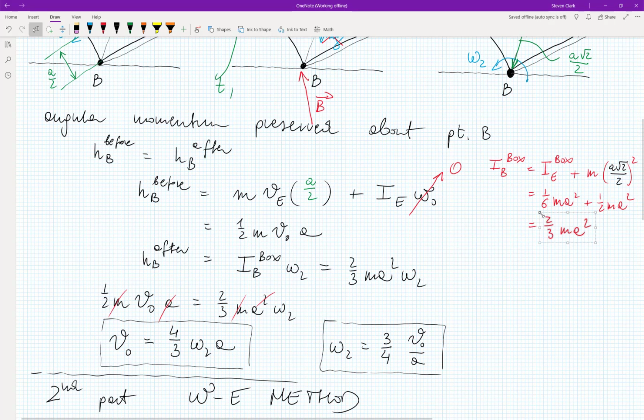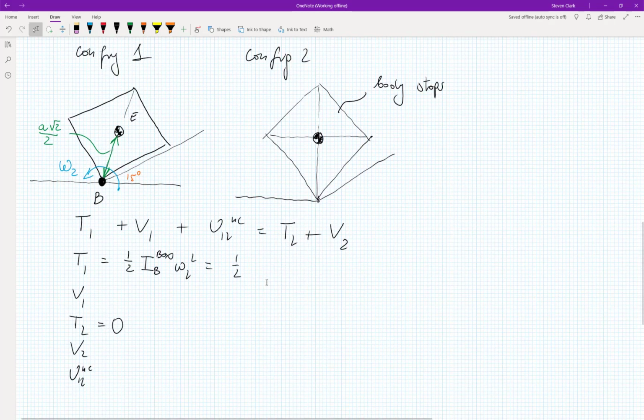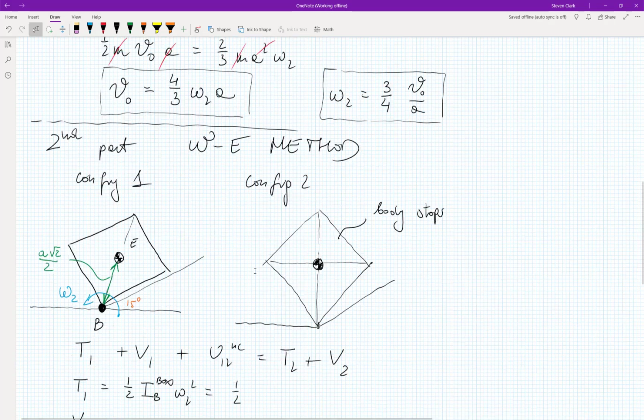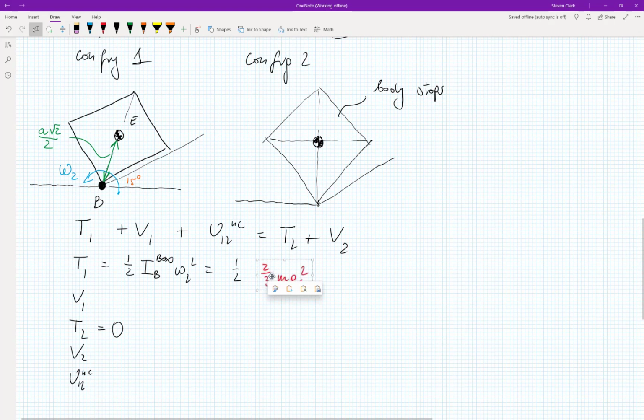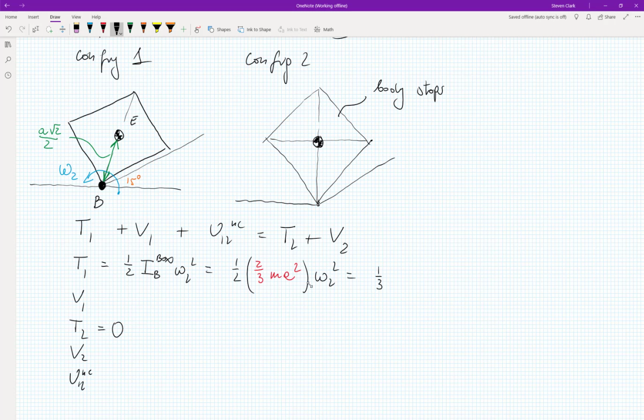Yep. Omega-2 squared. Okay, so this will be 1/3 MA squared omega-2 squared.